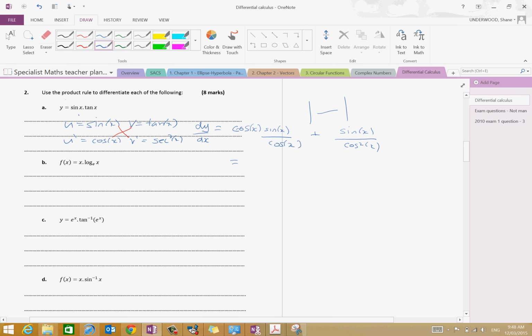And that is equal to, if I was just to cancel those out, we're going to take sine of x as a common factor, and I'm going to say that that's 1 plus 1 over cos squared of x. 1 over cos squared of x is sec squared of x, isn't it?